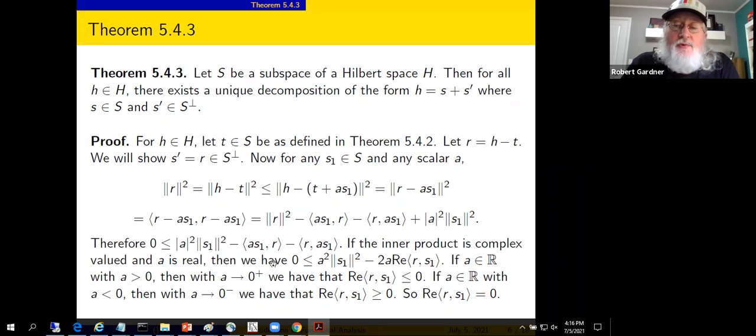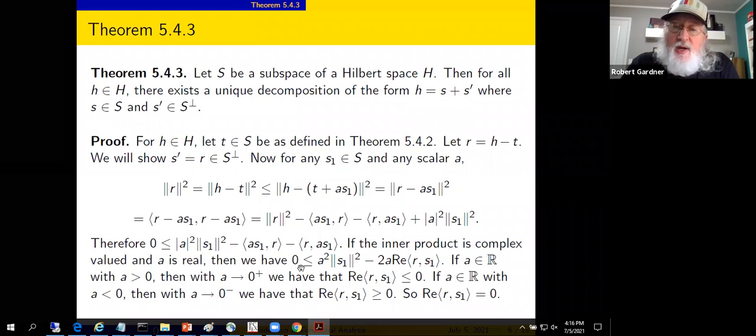We'd have 2 times A times the real part of the inner product is less than or equal to this thing. We could cancel the A's out. Divide both sides by A. Doesn't change anything, since we've assumed A is positive. It leaves the inequality the same. Then we would have 2 times the real part of the inner product is less than or equal to A to the first power times this quantity, the norm of S sub 1 squared.